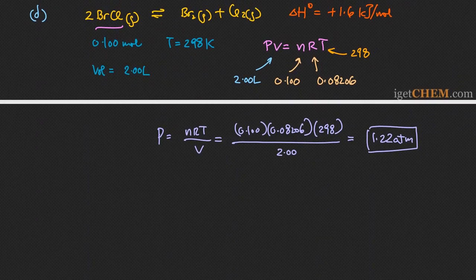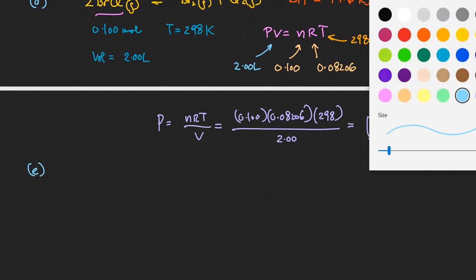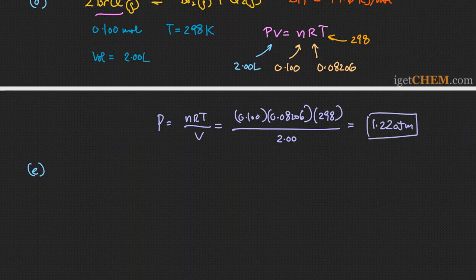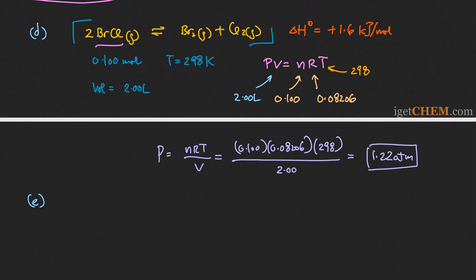Now, before we calculate the equilibrium constant, part E of this question asks you to write down the equilibrium expression for this reaction. So the reaction we're talking about is this one. So the equilibrium expression K is expressed in terms of the partial pressures of the reactants and products.